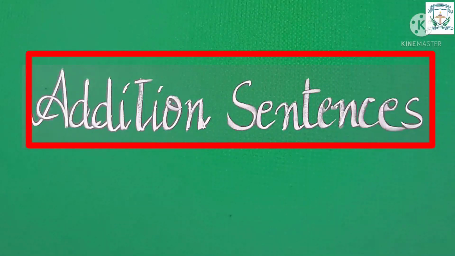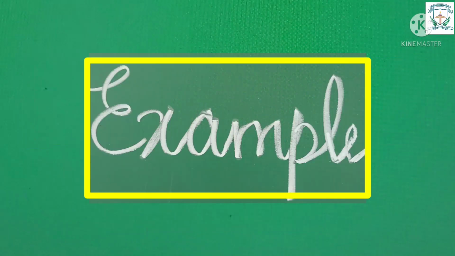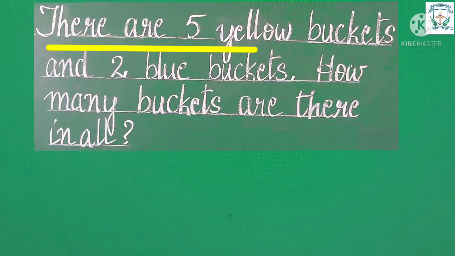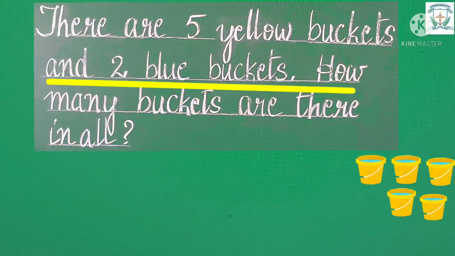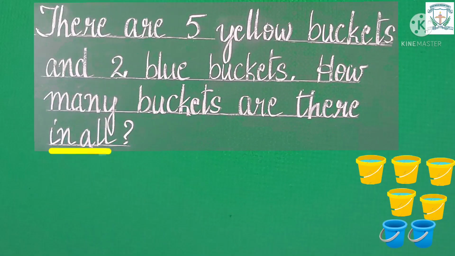Let us move on to the next concept, addition sentences. Story sums. The first example says, there are 5 yellow buckets and 2 blue buckets. How many buckets are there in all? To find the total number of buckets, we have to add 5 yellow buckets and 2 blue buckets together.